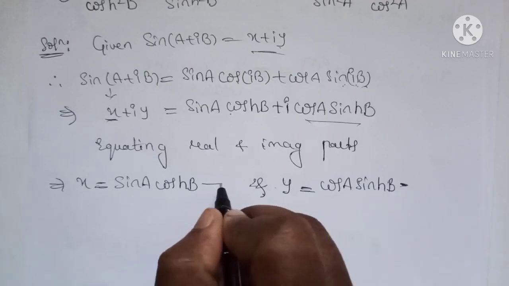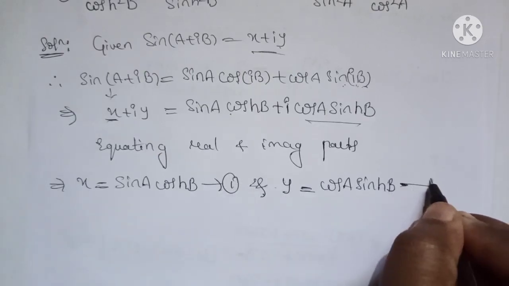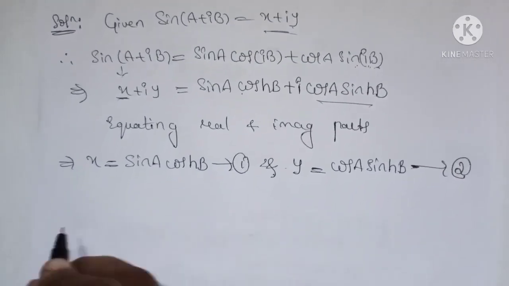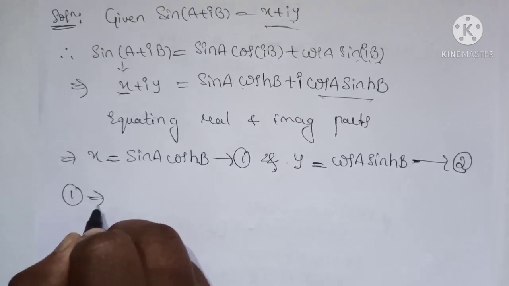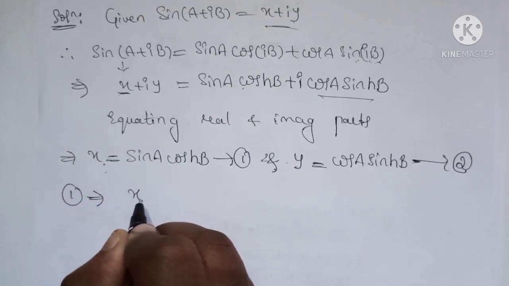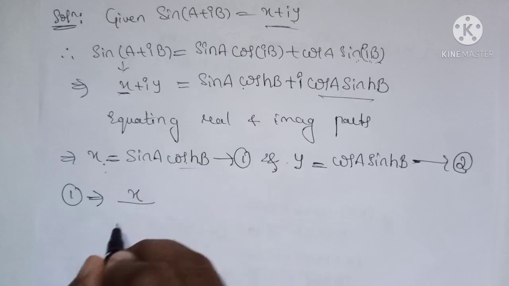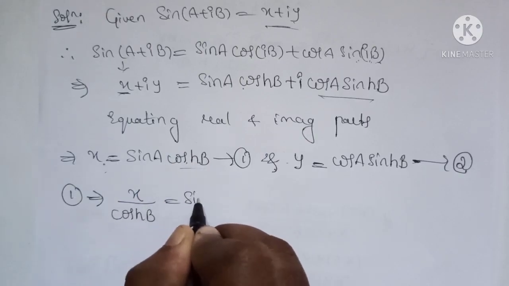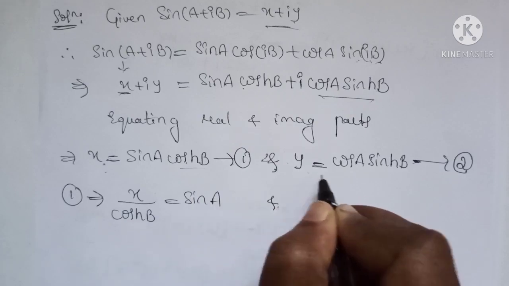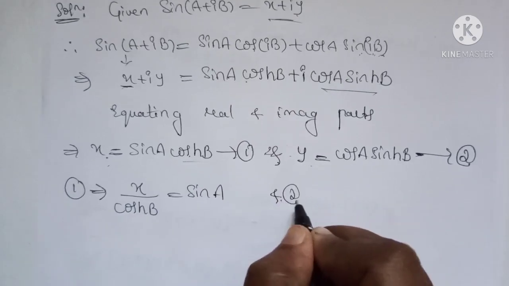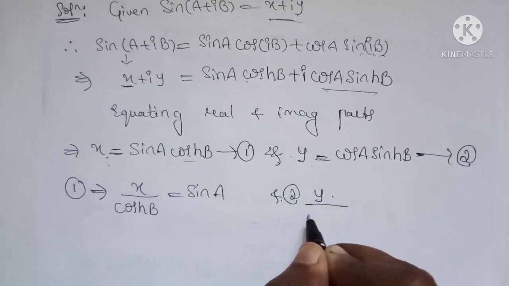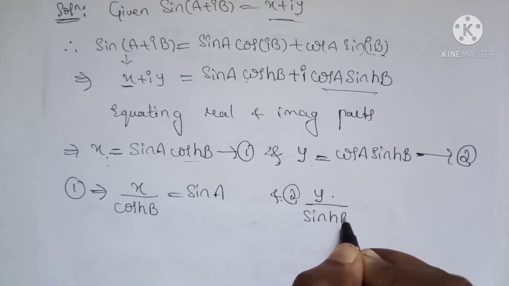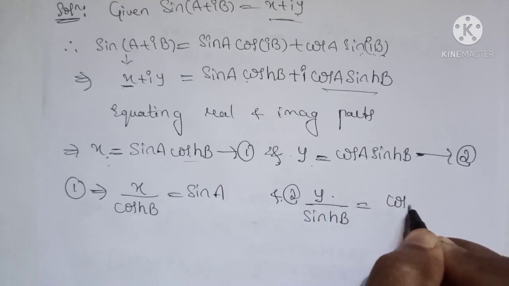Consider this as equation 1 and this one as equation 2. Now equation 1 can be written as x divided by cosh b equals sin a, taking the b terms to the denominator, and from 2 we can write y divided by sinh b equals cos a.